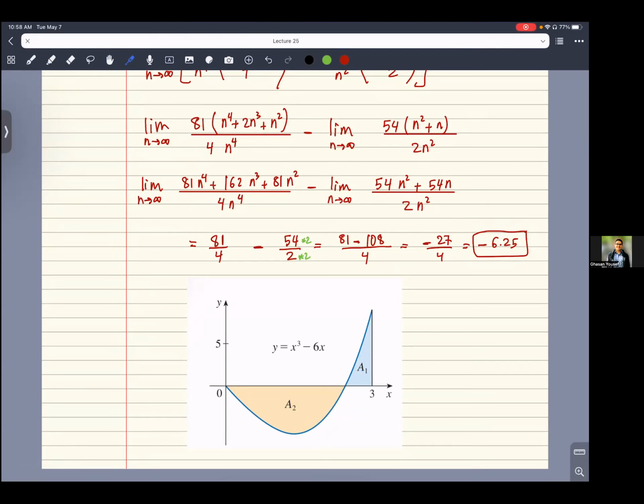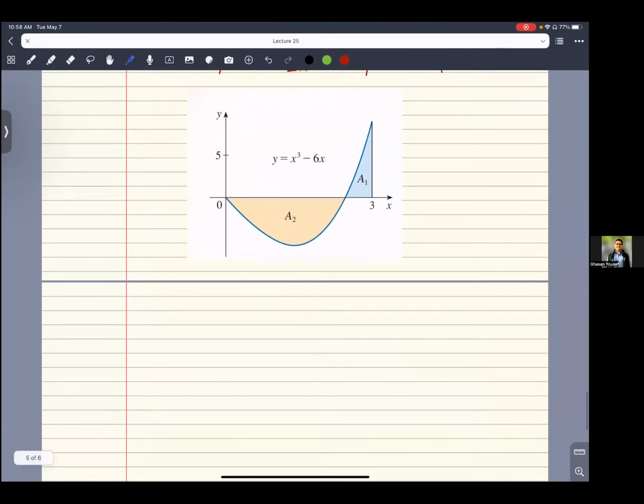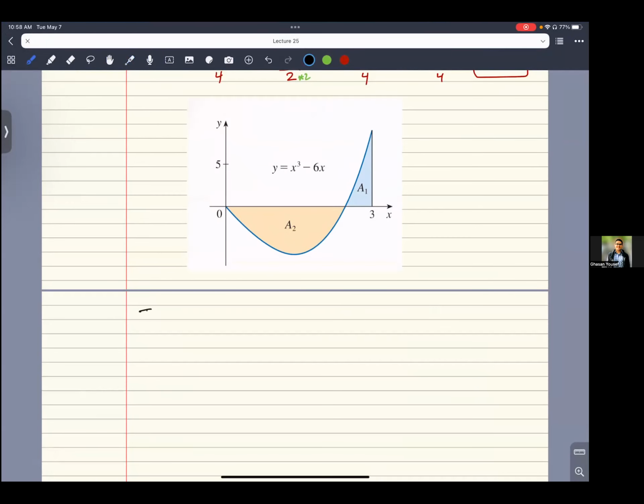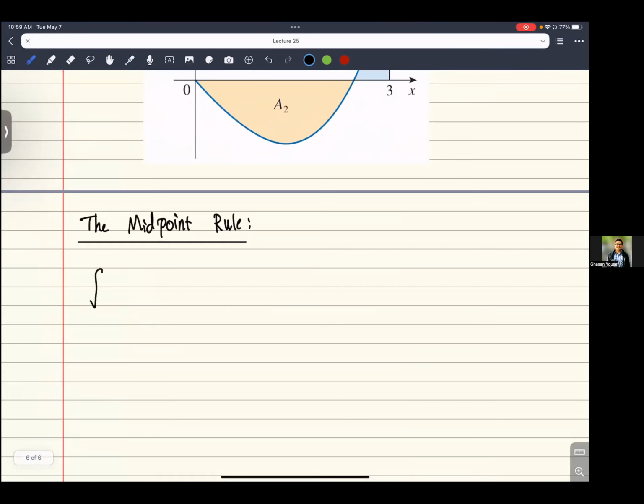Now we're going over the midpoint rule. Instead of using the left endpoint or right endpoint, we're going to use the midpoint. The midpoint is the point in the middle of the subinterval.